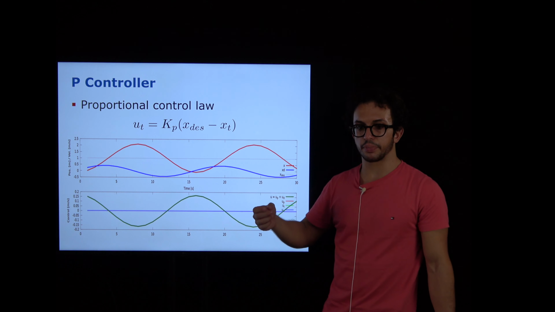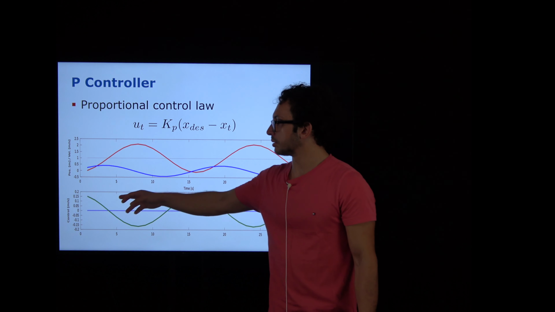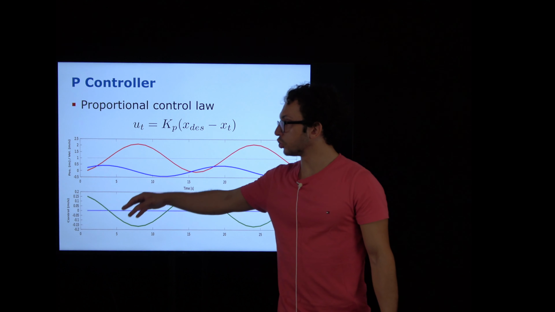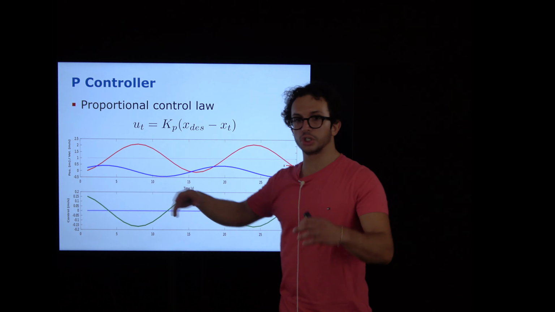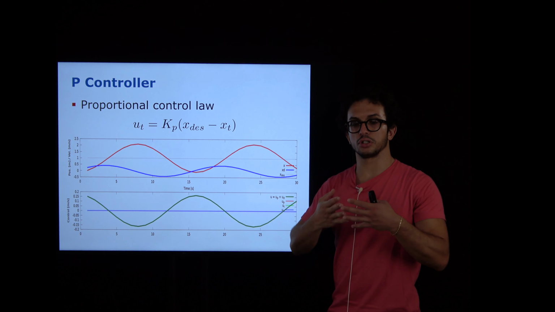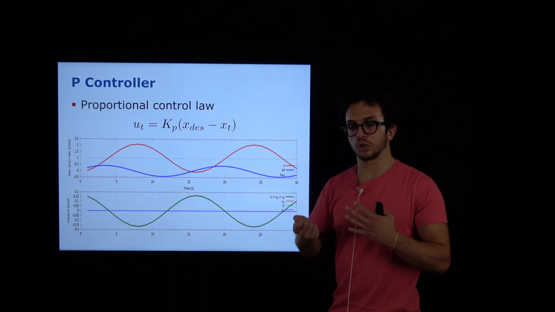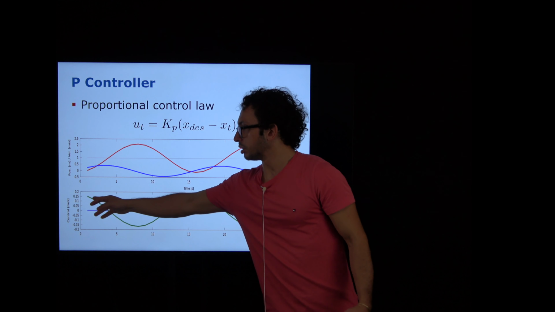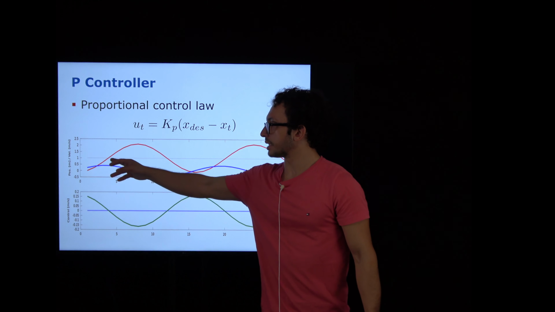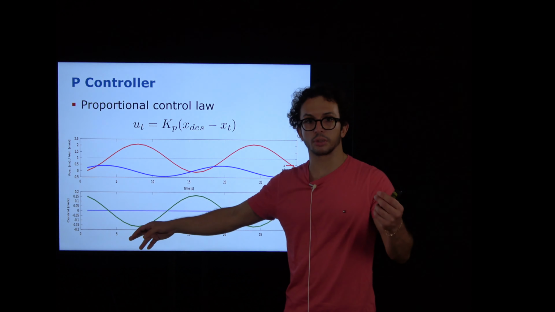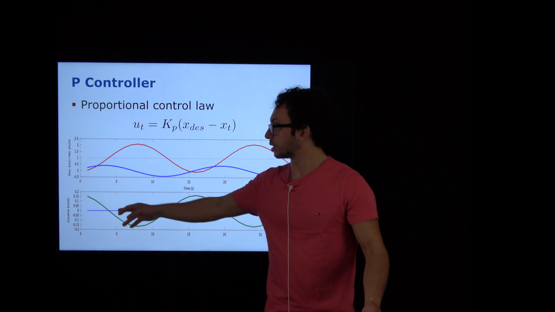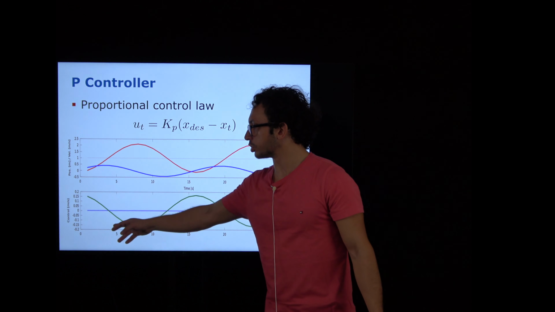Why does this happen? Well, it happens because the controller sees an error here and tries to steer the control action in the opposite direction. But then at some point it hits zero, but the controller doesn't stop immediately because there's some evolution going on.